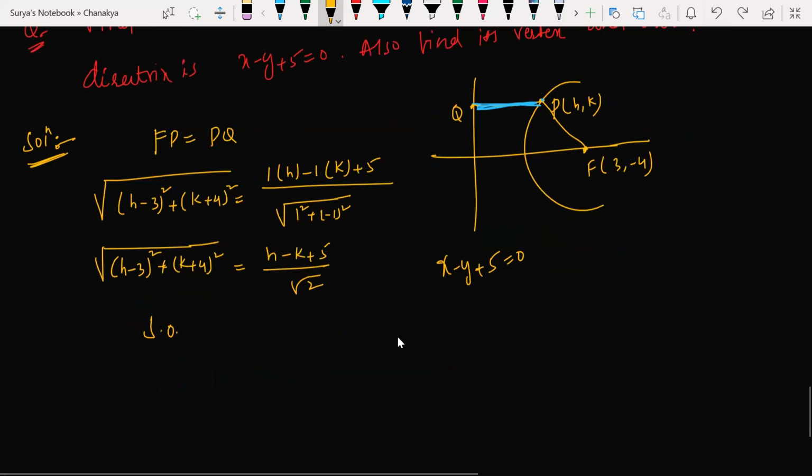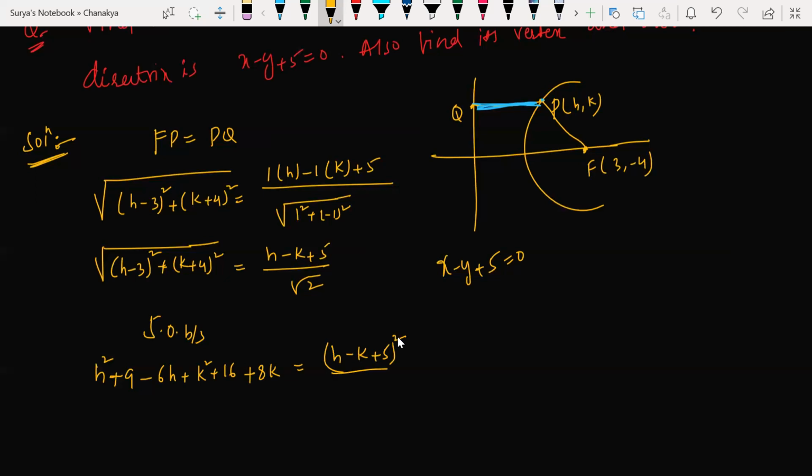Squaring on both sides. So what would I be left with now? I'll write it directly, beta. The left side becomes (h minus 3) whole square plus (k plus 4) whole square, and I'm bringing this 2 from the right side to the left hand side.